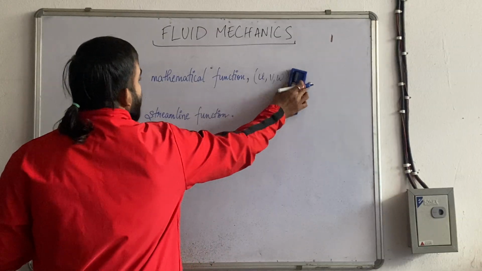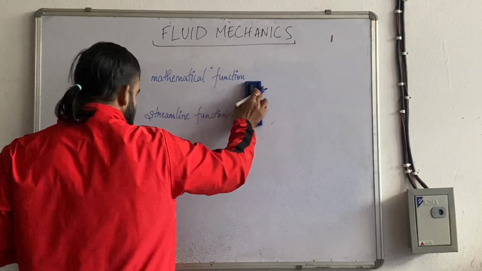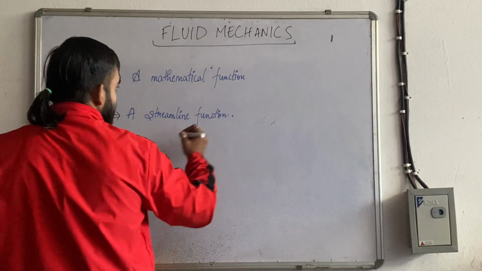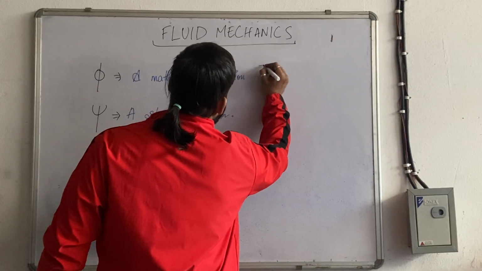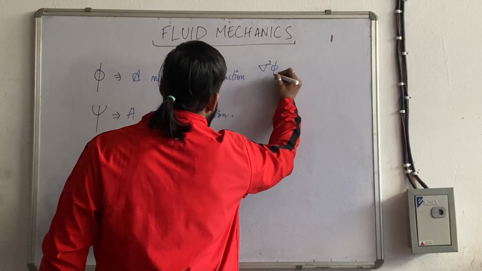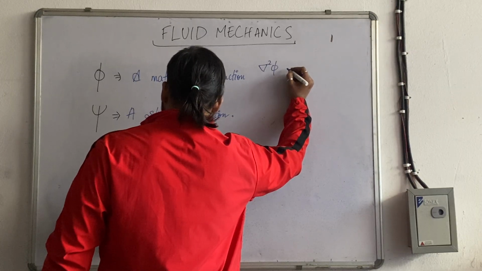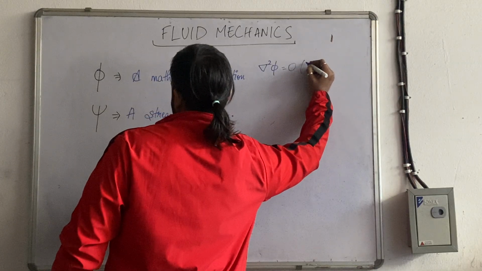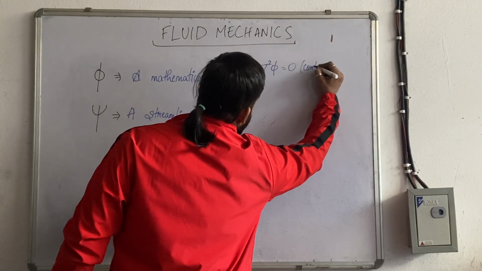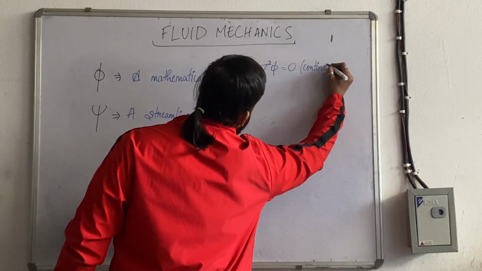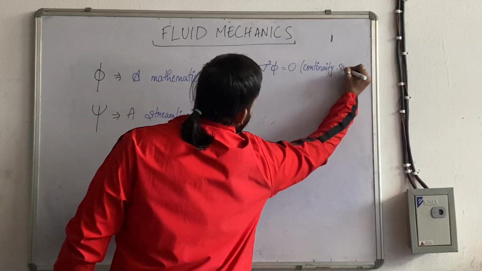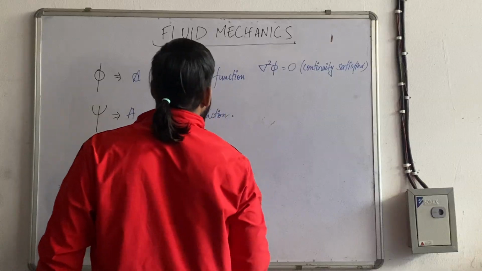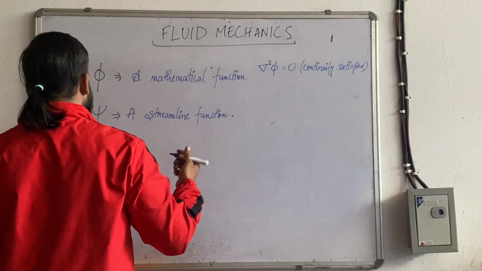Okay. The parameters over these can also be written as, let me write it. Del square phi is equal to 0 when continuity is satisfied, not equal to 0 when continuity is not satisfied.